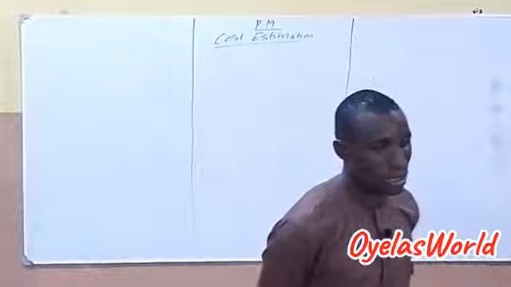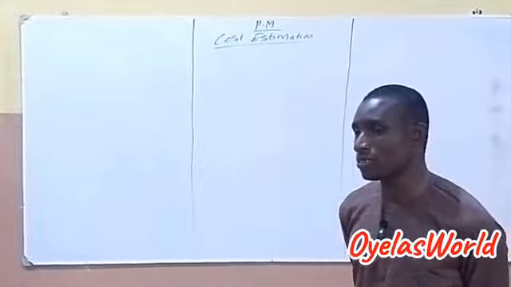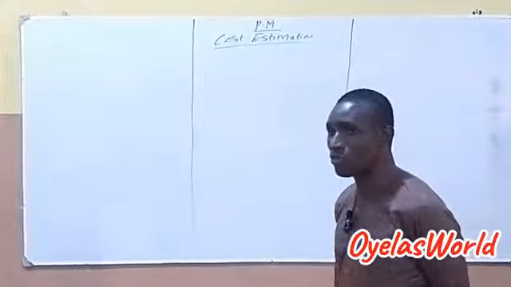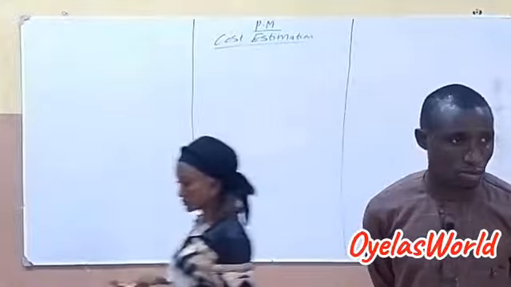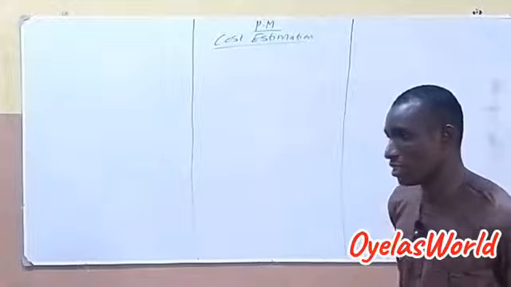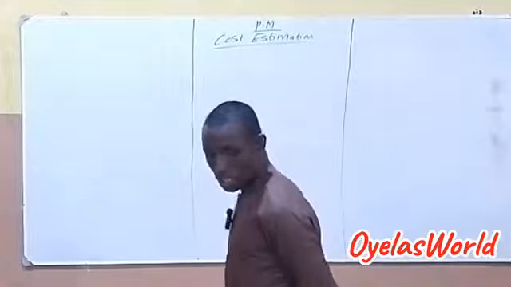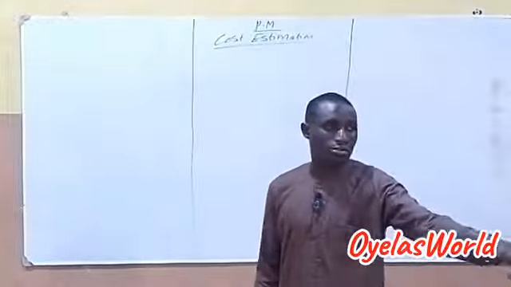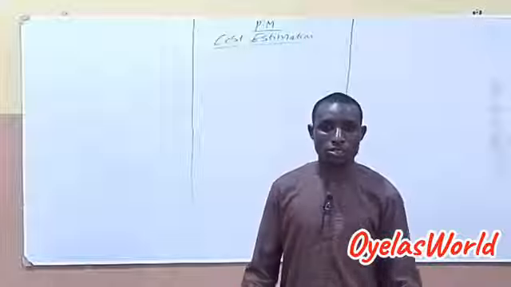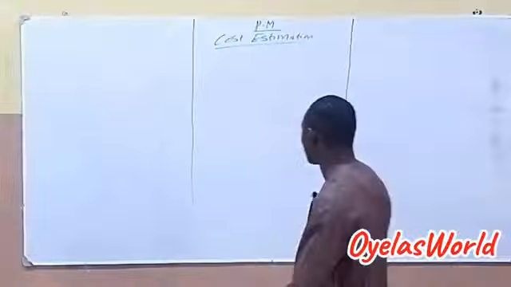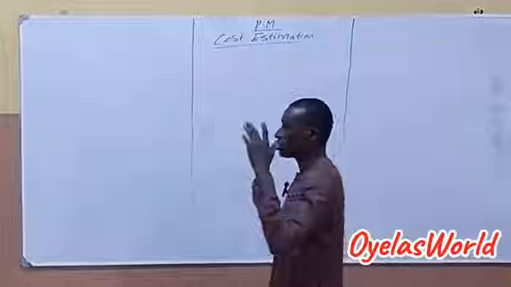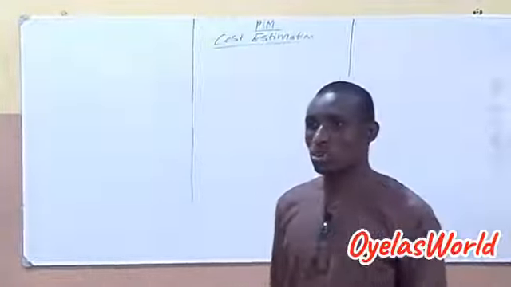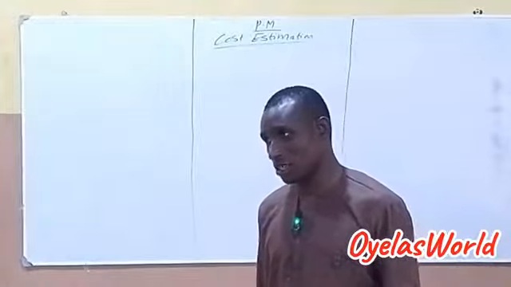Behavior involves classification based on how the cost reacts to changes in the level of activities, right? We talked about the variable cost, which we said is a cost that changes when the activity level changes.